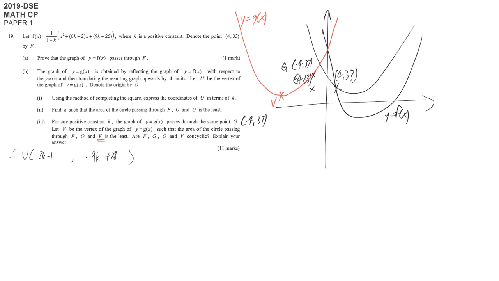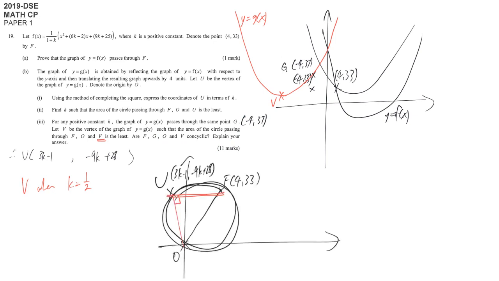That means V is the situation when k is equal to 1 over 2, the same as B2. So you have O, you have this point, and also you have V. Your key point is to find out G. If you include G also, is that concyclic? If we use the previous figure, that means they ask you that we already know a point G, -4, 37.